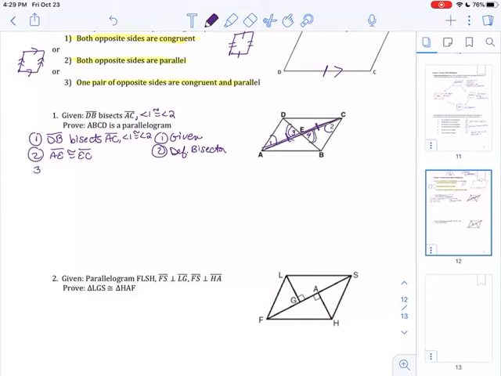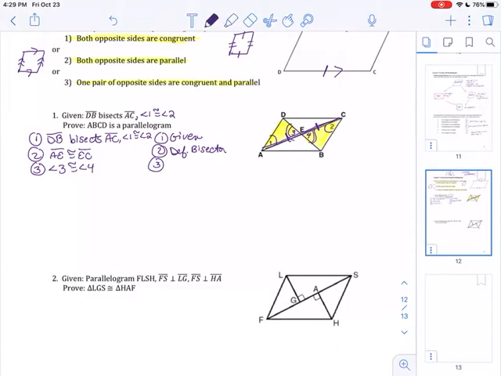Okay. Now, I'm going to put some numbers in here. Angle 3 and angle 4. Okay, so I got angle 3 and angle 4. Those are vertical angles. Angle 3 is congruent to angle 4. Now, I haven't really told you the plan yet, but what I'm going to do is prove that this triangle on the left that I'm highlighting in yellow is congruent to this triangle on the right.